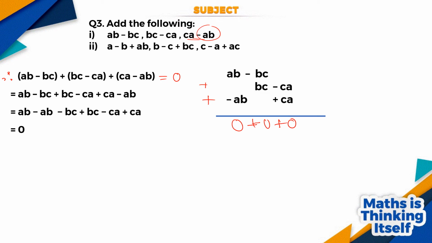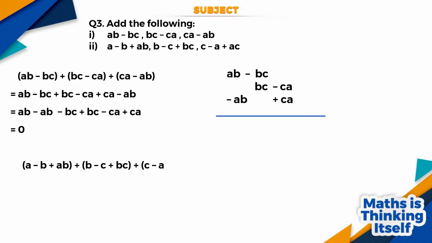Now we take the second example, A minus B plus AB in the bracket plus B minus C plus BC in the bracket plus C minus A plus AC in the bracket. Then after open the bracket, in the next term we have to combine the like terms.